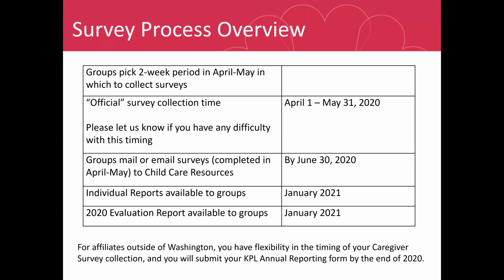If you are an out-of-state affiliate, please know that per your affiliate agreement, there is flexibility on when you submit your caregiver surveys, and we ask you to defer to your affiliate agreement for those specific details. Everyone on here is either local, in-state, or out-of-state, so we all have different requirements.